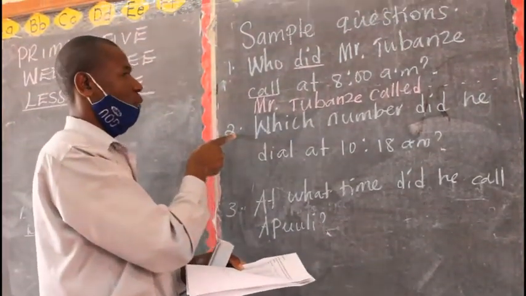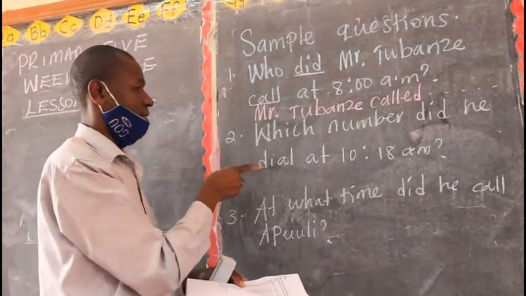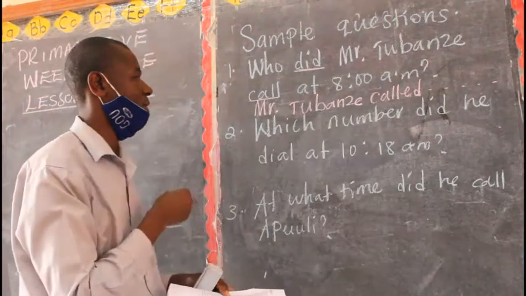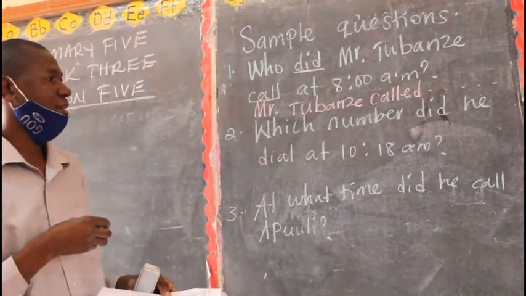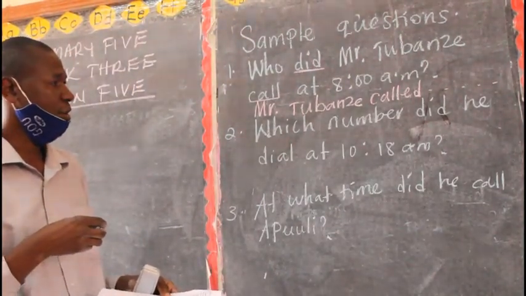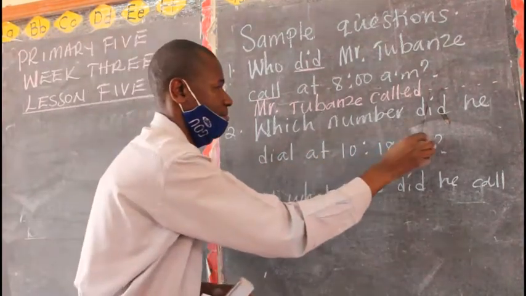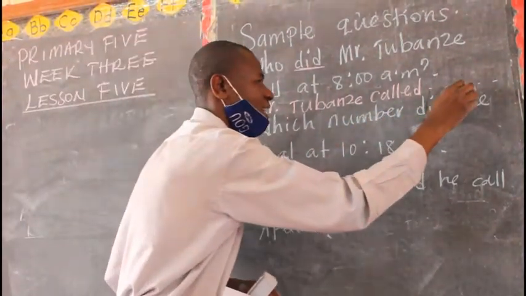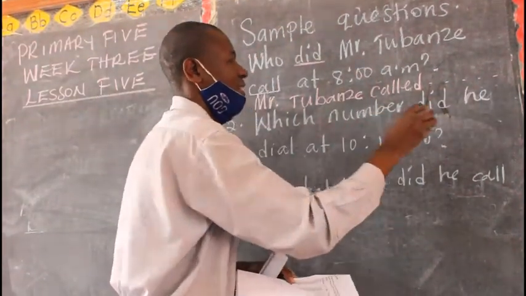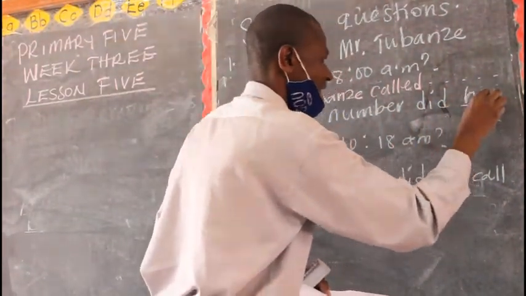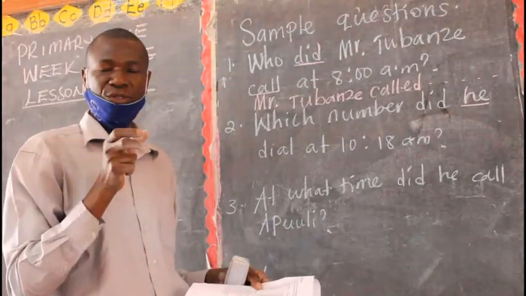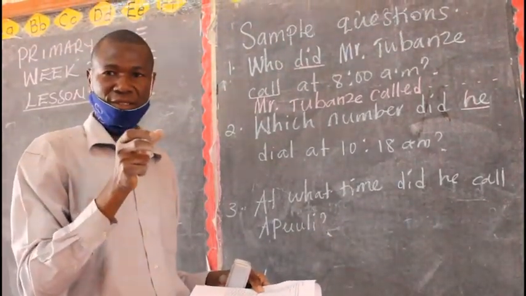Number 2. Which number did he dial at 10:08 a.m.? So now this one, you are going to begin with the subject of the sentence, which is he. Remember that we have what we call nouns and pronouns in sentences.